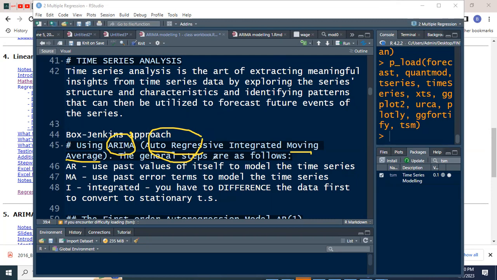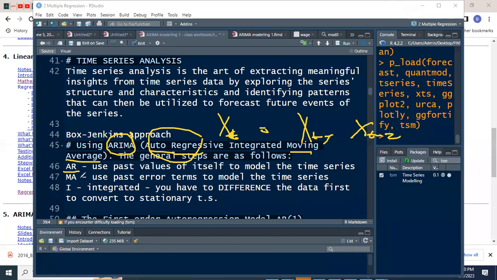Auto means self. So autoregressive means you are creating a model, for example, for X sub t, a time series, that is like a regression where your model makes use of the values of X sub t itself, its past values: X sub t minus 1, X sub t minus 2, etc. That's what we mean by autoregressive. You use the values of the time series itself to predict or to model your time series.